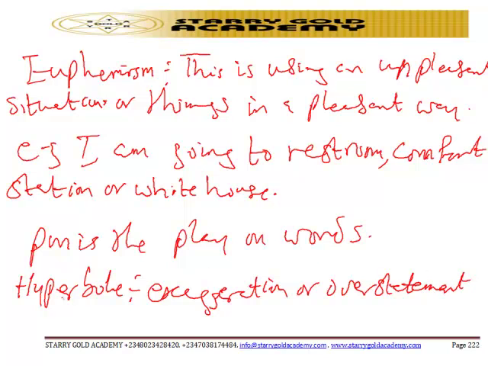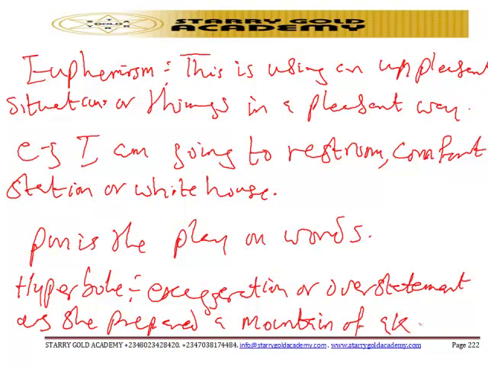For example, he prepared, or she prepared, a mountain of apples. Preparing a mountain of apples is not possible. Or the whole world gathered on my birthday. All these are good examples of hyperbole. It's an exaggeration. It's an overstatement.